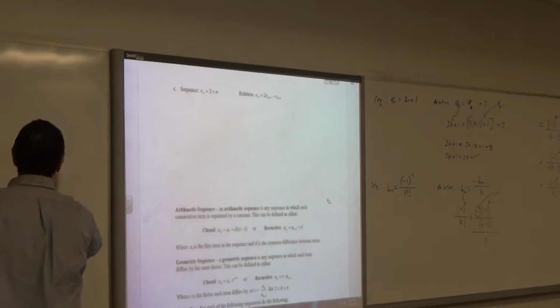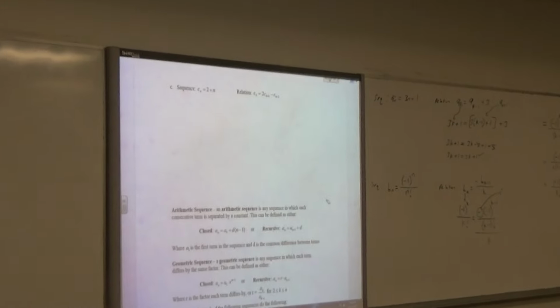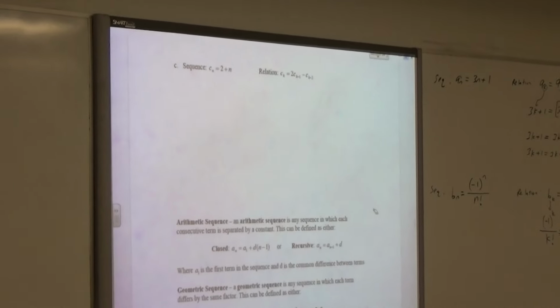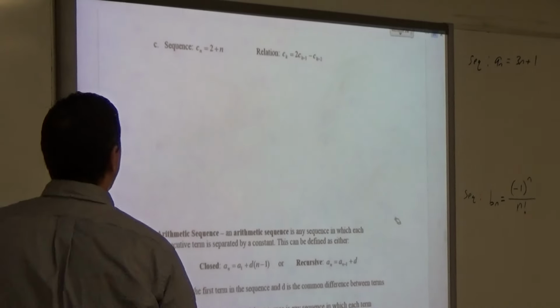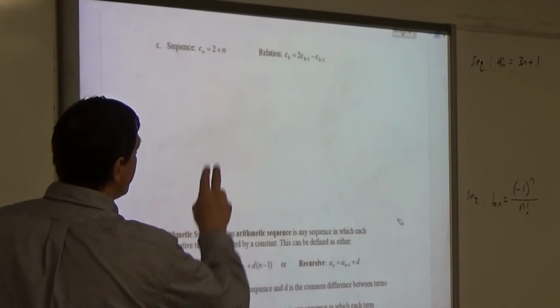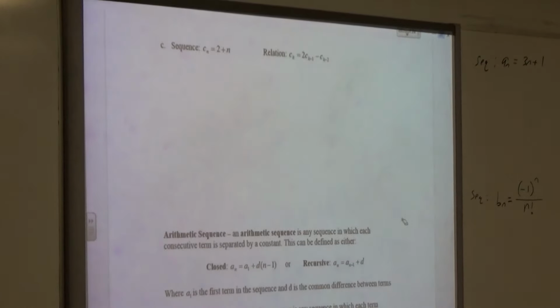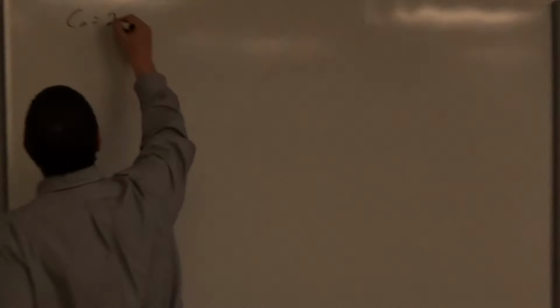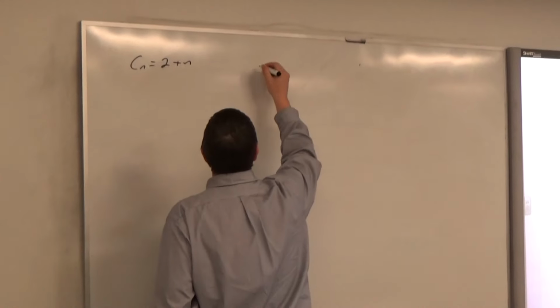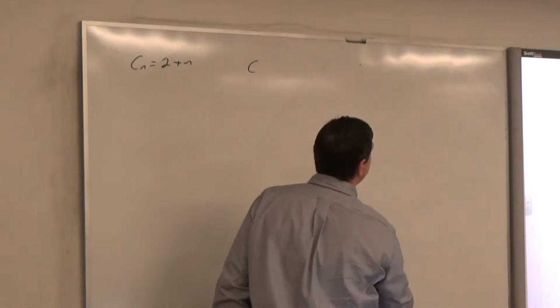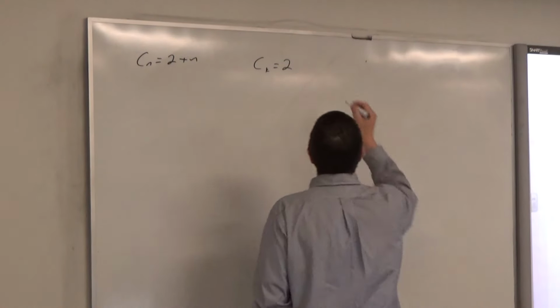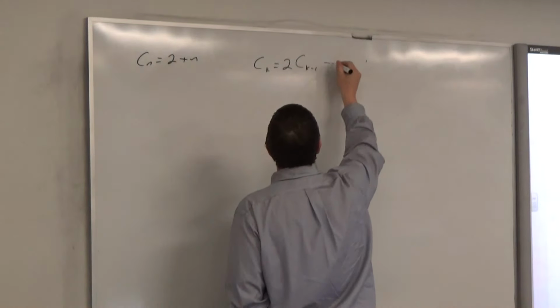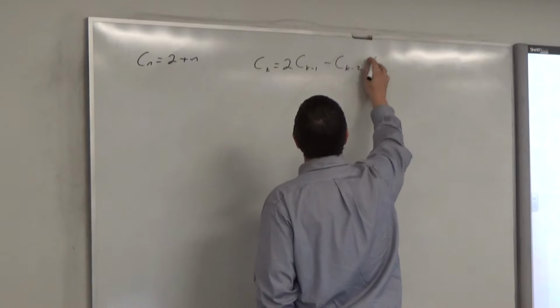And then we have a not so simple sequence of something we actually almost solved today, 2c sub k minus 1 minus c sub k minus 2. It looks close to what we solved, but it's not exactly. Okay, so we have our c sub n equals 2 plus n, and then we have c sub k equals 2 c sub k minus 1 minus c sub k minus 2.